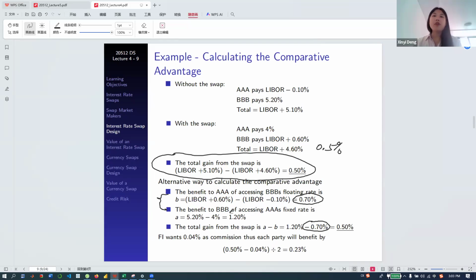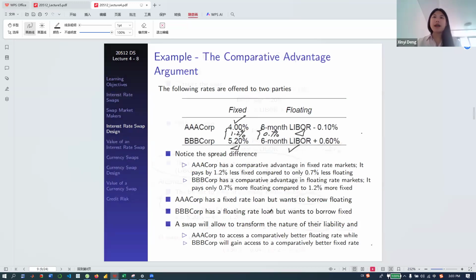And also for BBB, if it's accessing AAA's fixed rate directly, so if you go back, you can see that BBB's rate was 5.2%, and AAA's rate was 4%. So if BBB is able to directly access AAA's fixed rate, then BBB is generating a 1.2% gain.